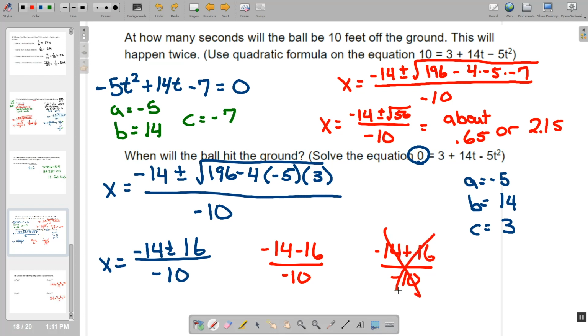So negative time doesn't make sense. This one, however, gives me negative 30 over negative 10, which is positive 3 seconds. So it will take 3 seconds for the ball to hit the ground. Like I said, these are the hardest questions on the CLEP test. Making sure you're prepared for them will be really helpful.